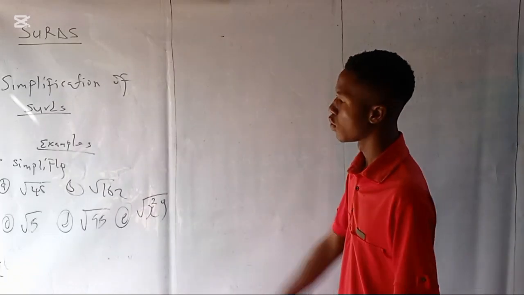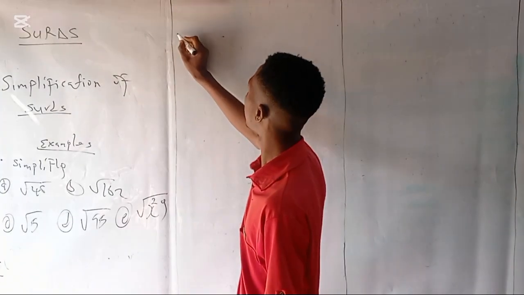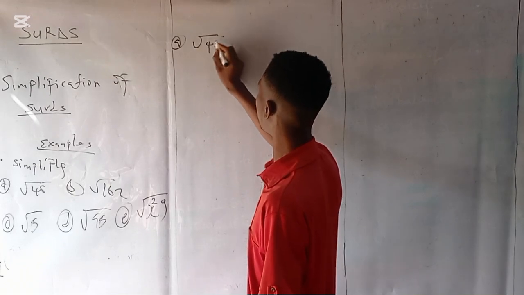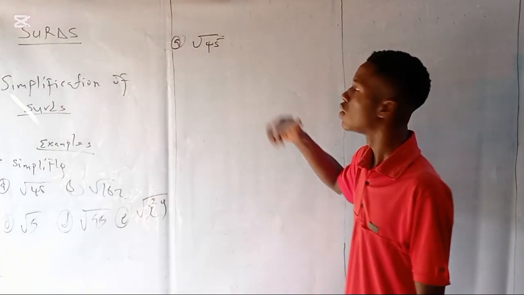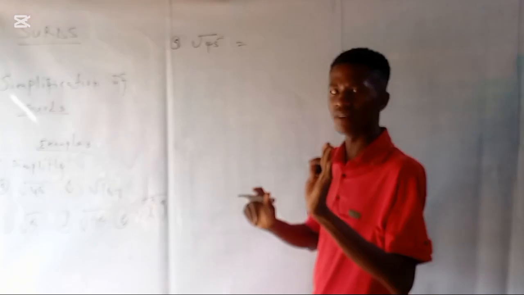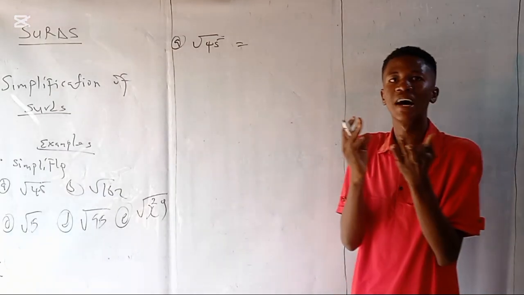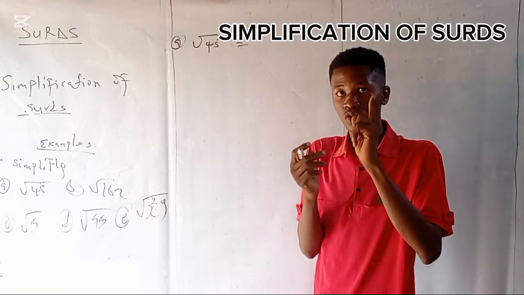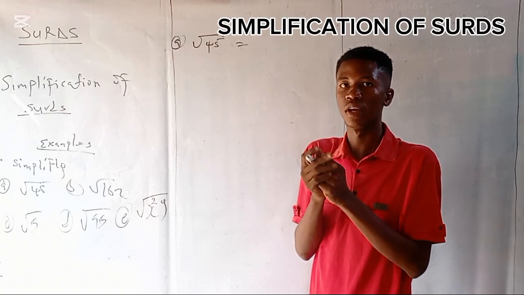Let's start with A. We have root 45. Now ask yourself: what are two numbers that you multiply that will give you 45, where one must be a perfect square?